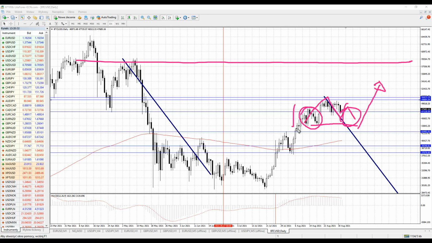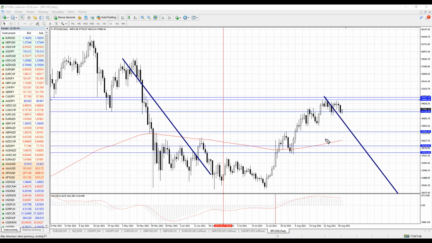When it comes to this kind of zone, 1-to-1 to the upside after the failure of the head and shoulders. But if we are going to trade this head and shoulders, we are going to see the same level from the weekly chart. All right, so that's your point.